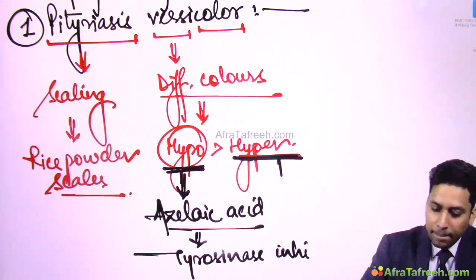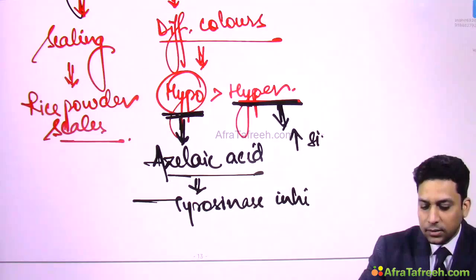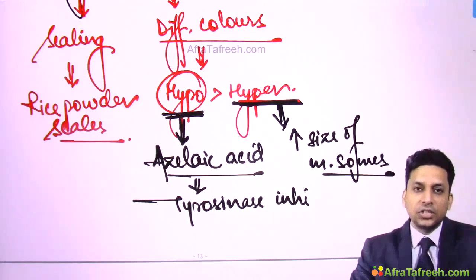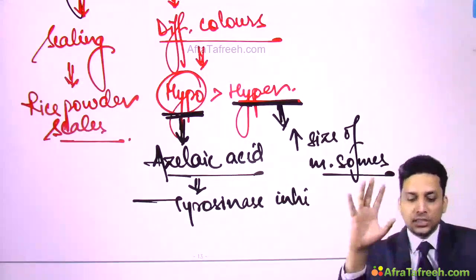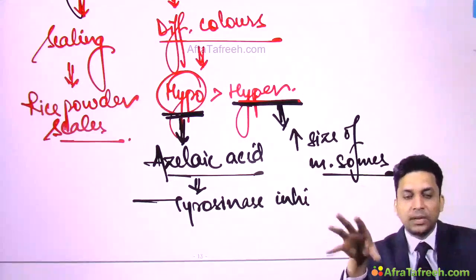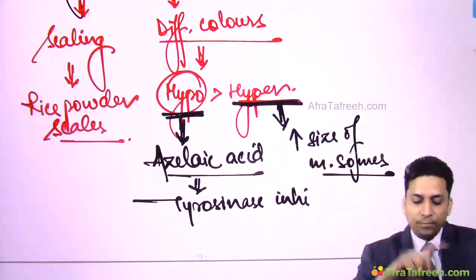While hyperpigmentation is due to increase in size of melanosomes. So due to increase in size of melanosomes, sometimes lesions can be hyperpigmented as well. So just from the name of this condition, you know these points, that sometimes hypopigmented, sometimes hyperpigmented lesions might be present in pityriasis versicolor, and these lesions have scaling, very fine powder like.